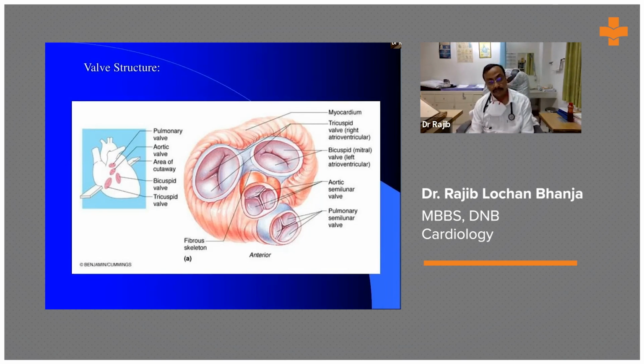There is no need of surgery. You can just clip the two leaflets and reduce the mitral regurgitation, and the patient will be symptomatically improved. But it is very costly. Still, nowadays there are some indications in severe mitral regurgitation.